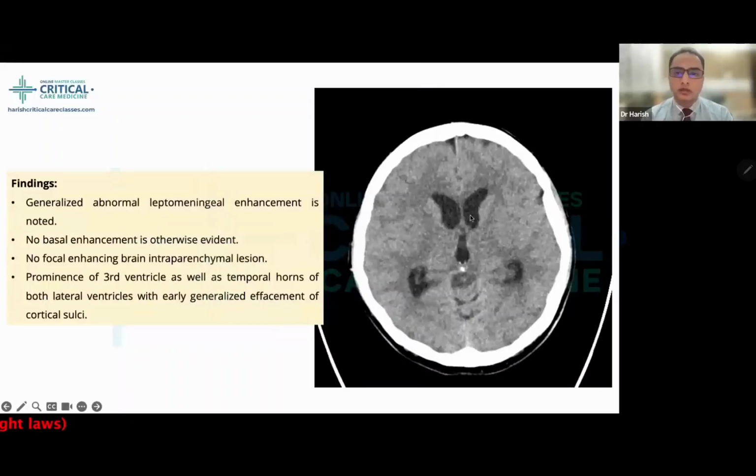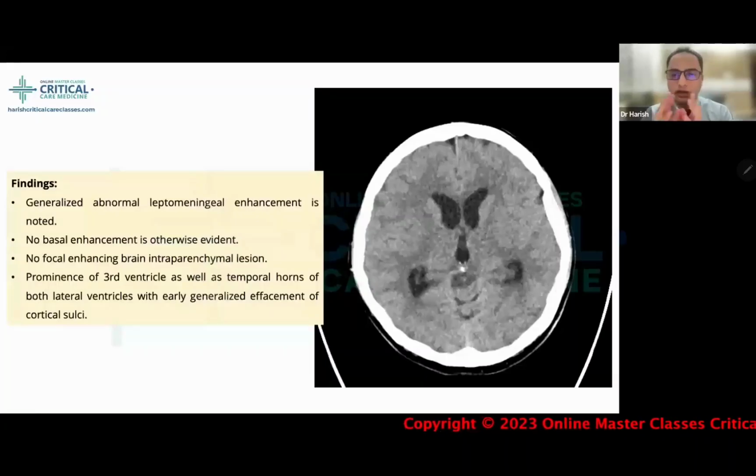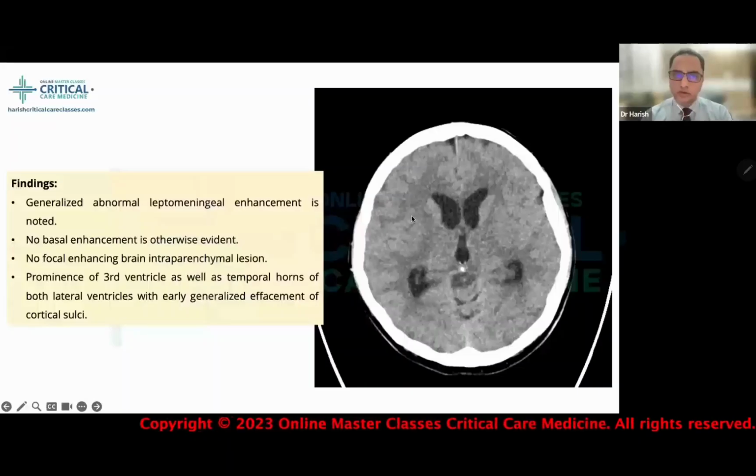There is a prominent third ventricle as well as the temporal horns of the lateral ventricle, with early generalized effacement of the cortical sulci. So definitely there is some concern about raised intracranial pressure, with all this clinical and imaging manifestation in our patient.